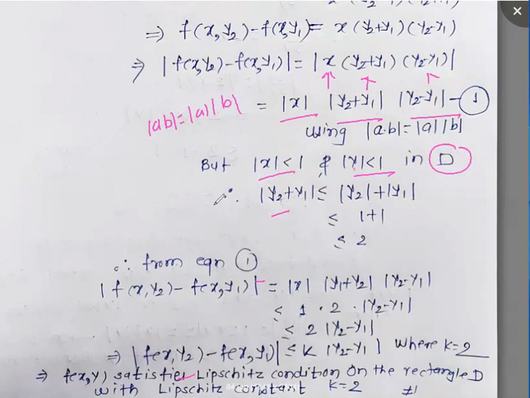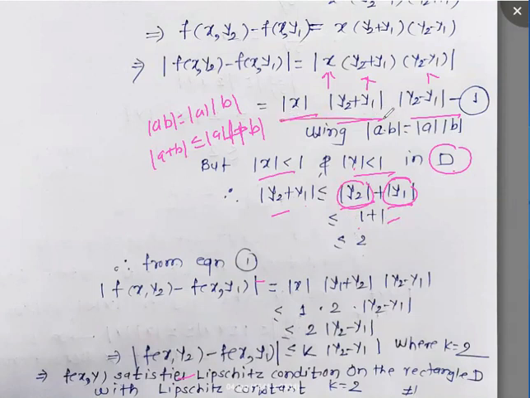But mod of a plus b is smaller than or equal to mod a plus mod b. So this is smaller than mod of y2 plus mod of y1. And every value of y in D is less than 1, so mod of y2 is less than 1 and mod of y1 is also less than 1. 1 plus 1 is 2.